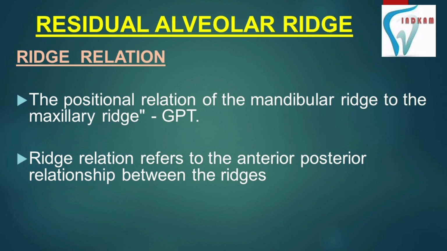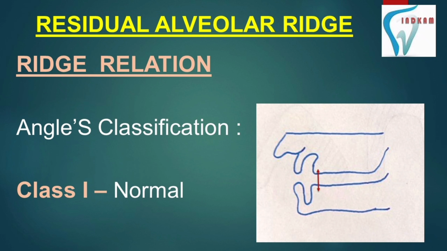Ridge relation. The positional relation of the mandibular ridge to the maxillary ridge is known as ridge relation. In simple terms, it is the anterior-posterior relationship between the ridges. Angle classified ridge relation into 3 classes. Class 1 is normal, in which maxilla and mandible are both in the same parallel relation with each other.